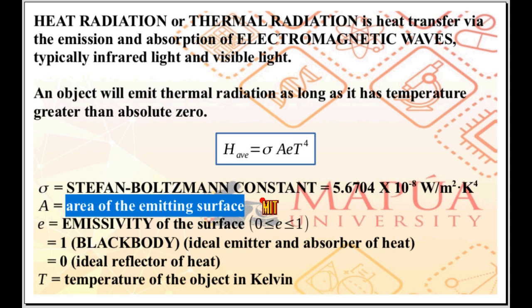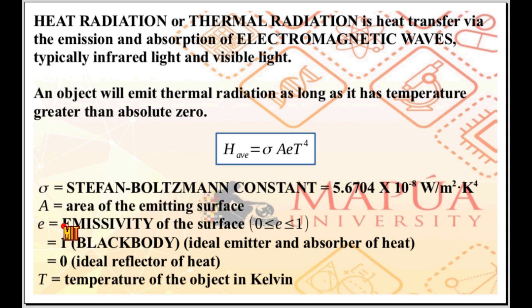The whole object might be emitting thermal radiation, in which case A is equal to total surface area of the object. But it's also possible that only part of the object is emitting thermal radiation. A is the area of that part of the object that is emitting radiation. So A is area of the emitting surface.